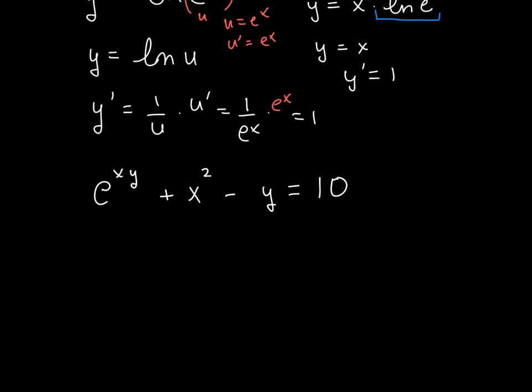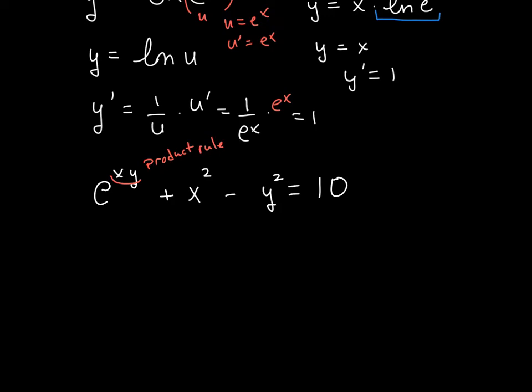It means that when I find the derivative of this exponent here, you're going to have to use the product rule. Right? I'm going to make that y squared. So let's go ahead and do that one first.